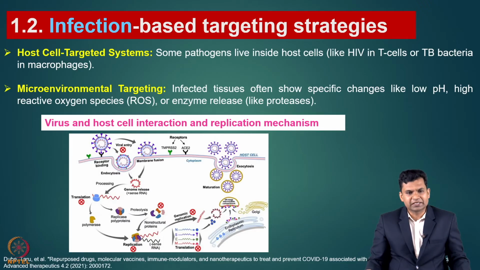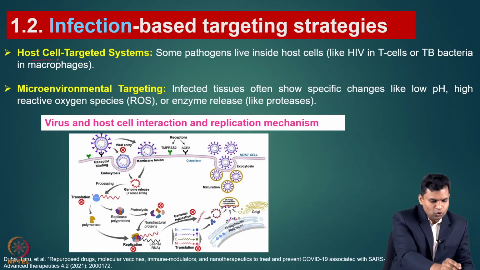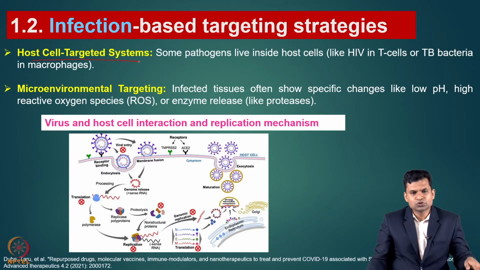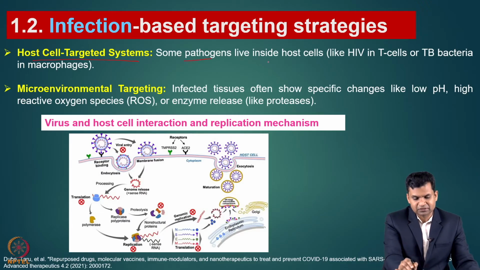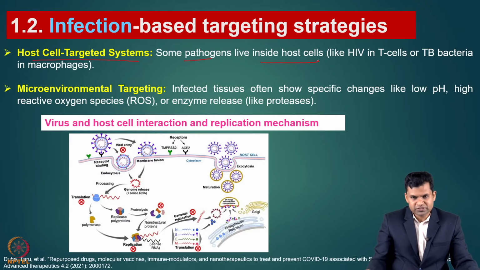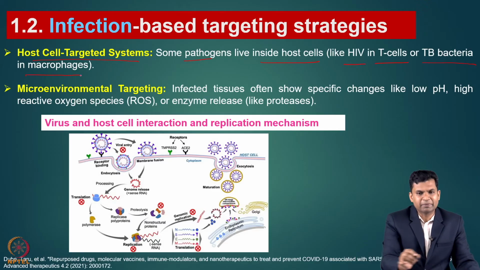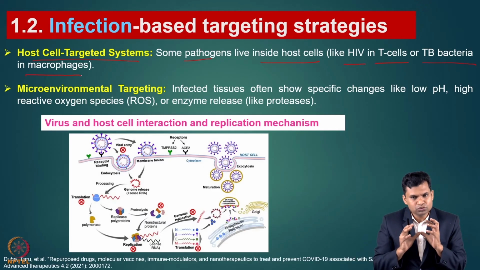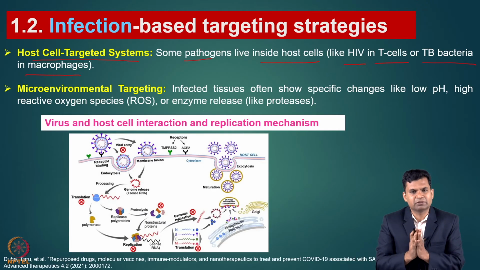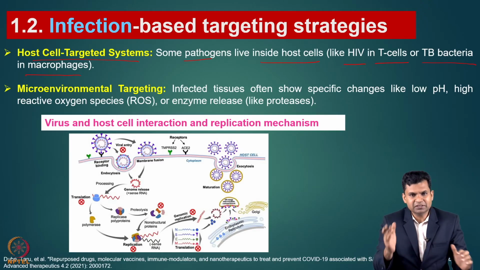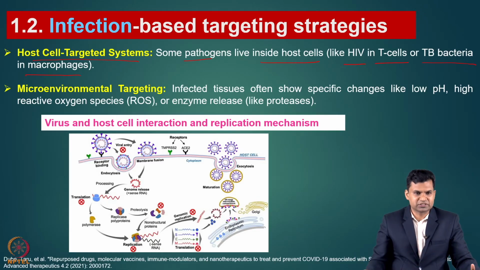This can also be targeted by one mechanism, the host cell targeted system. Here pathogens attack the cells, which are called host cells, like the T cells in the case of HIV, and the macrophages in the case of TB. So, this infection also can be targeted based on the host cells.